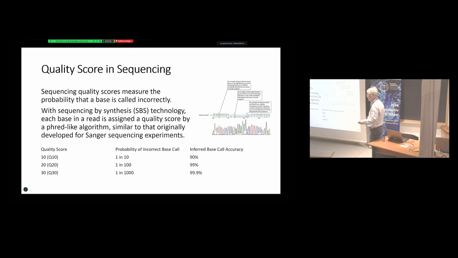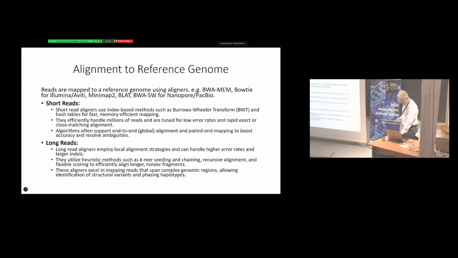I stopped at 30 because it was the standard for Illumina, but it should come to 40 and even 50 in the latest sequencers. It means that the error is 1 out of 10,000 or 1 out of 100,000, and that makes a big difference when you want to do any kind of analysis.